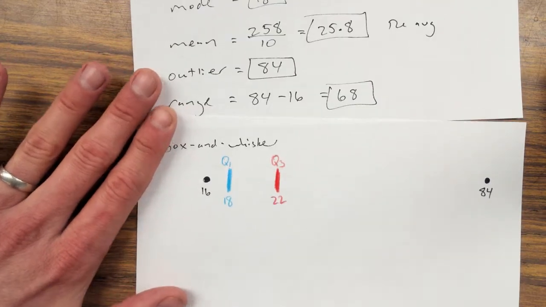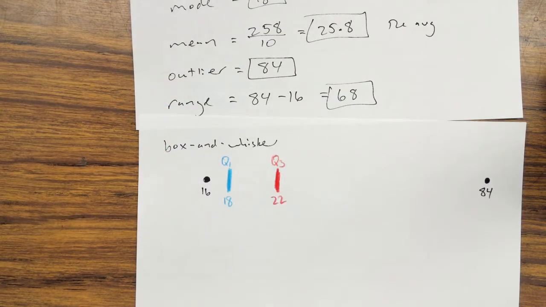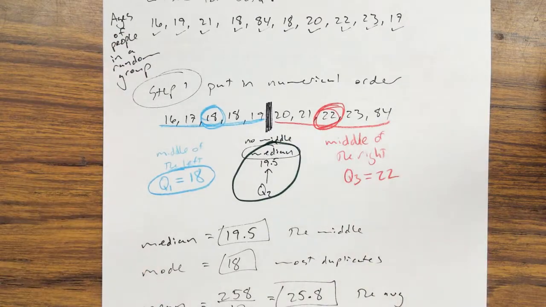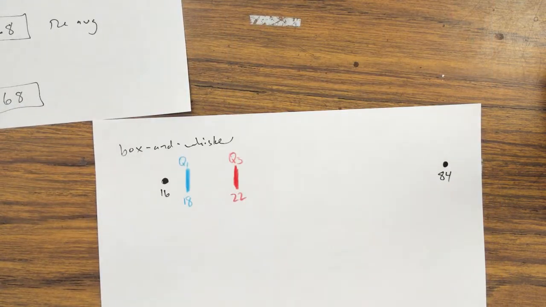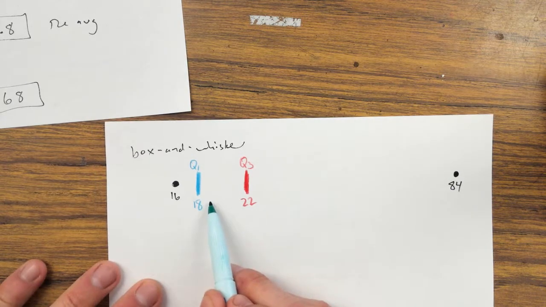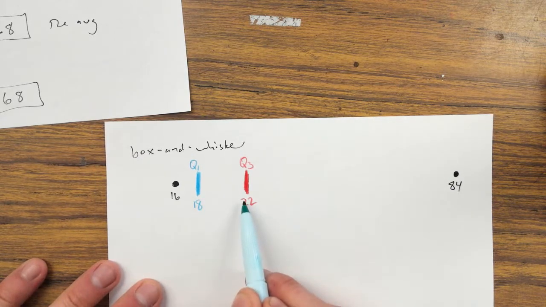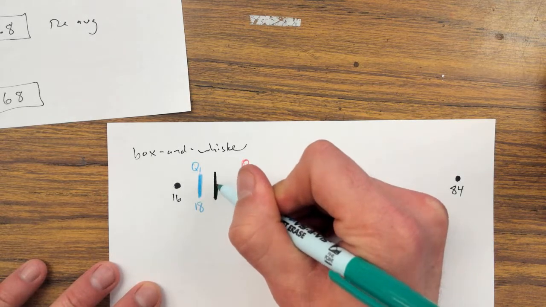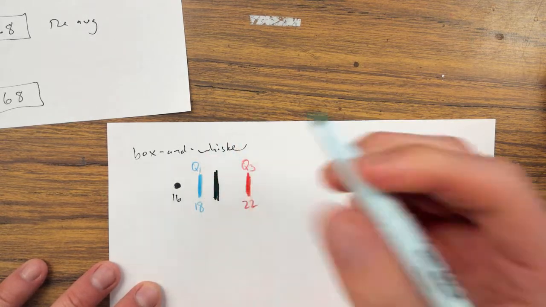22. And then in between both of those bars, I'm going to go grab the median, which was 19.5. And I'm going to go ahead and put that in between here. Now 19.5 is closer to 18 than 22. So I'm going to put my bar here in the middle a little bit closer to 18.